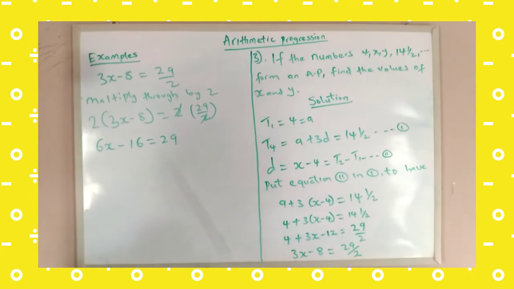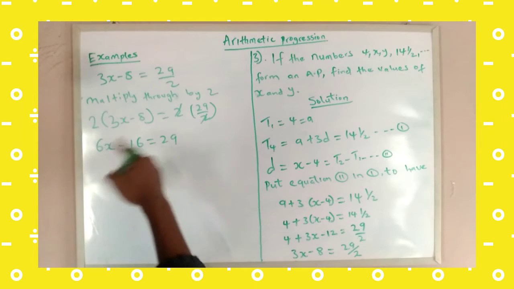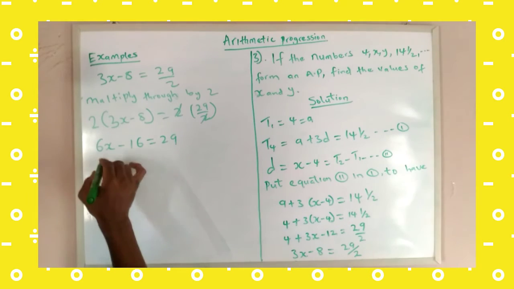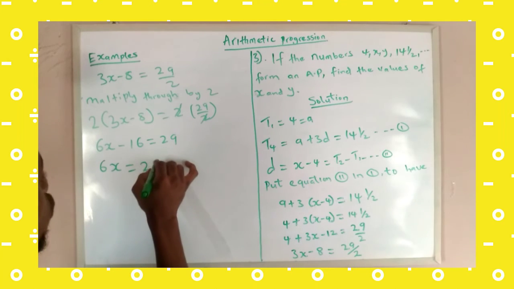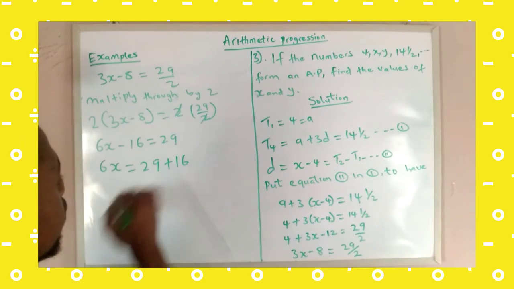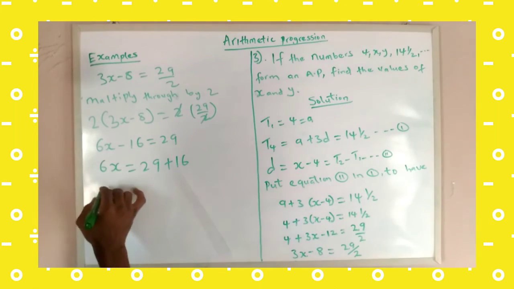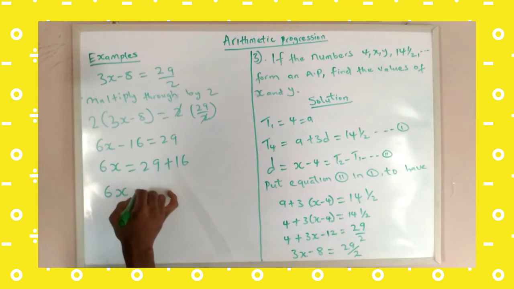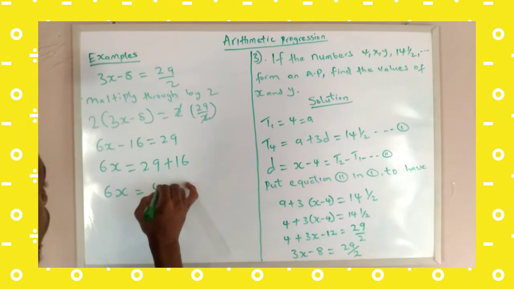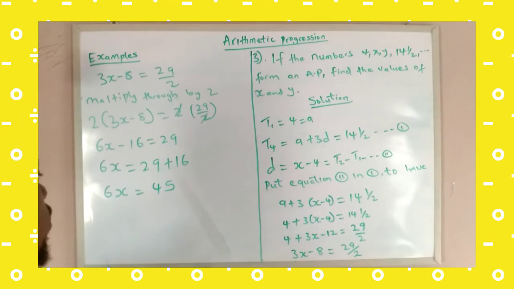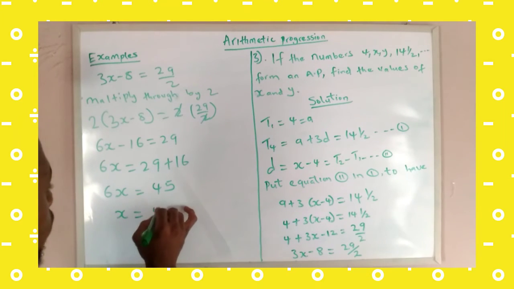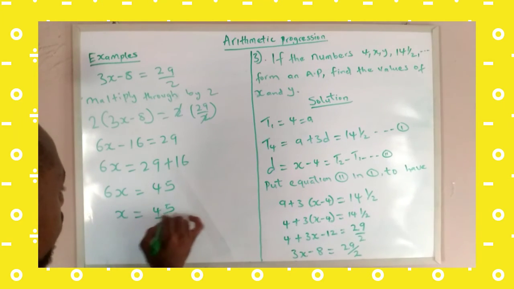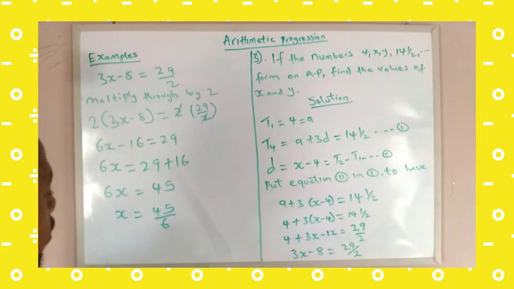So here, the next thing we should do is collect the like terms. So we have 6x is equal to 29 plus 16. And we have 6x is equal to 45. So that our x will be equal to 45 divided by 6.